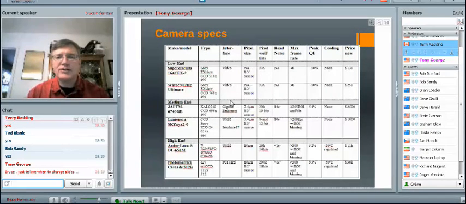This chart here displays some camera specifications. A couple of the typical IOTA cameras are on the top two rows, and the EMCCD cameras that we're really talking about today are on the bottom two rows.